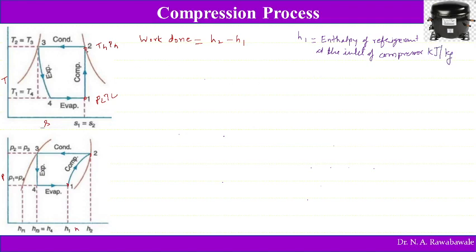So when it passes through this compressor, enthalpy increases from H1 to H2. Let H1 be the enthalpy at the inlet, H2 be the enthalpy at the outlet. This compression process is an isentropic compression process. So process 1 to 2 is isentropic compression. Work done is nothing but H2 minus H1 in kilojoules per kg.